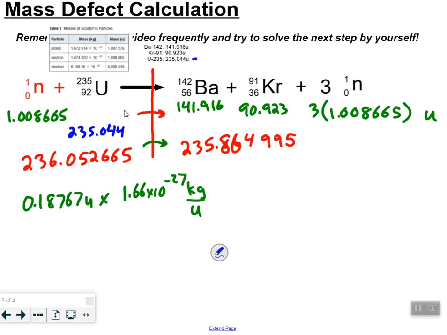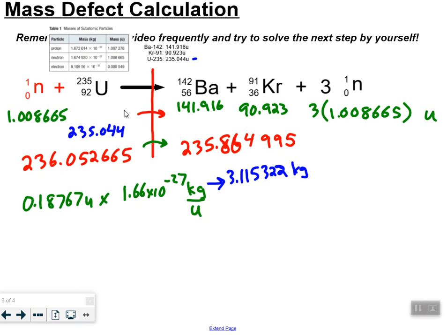That gives you 3.11532 times 10 to the negative 28 kilograms. Now, to do E equals mc squared, that's the next step.